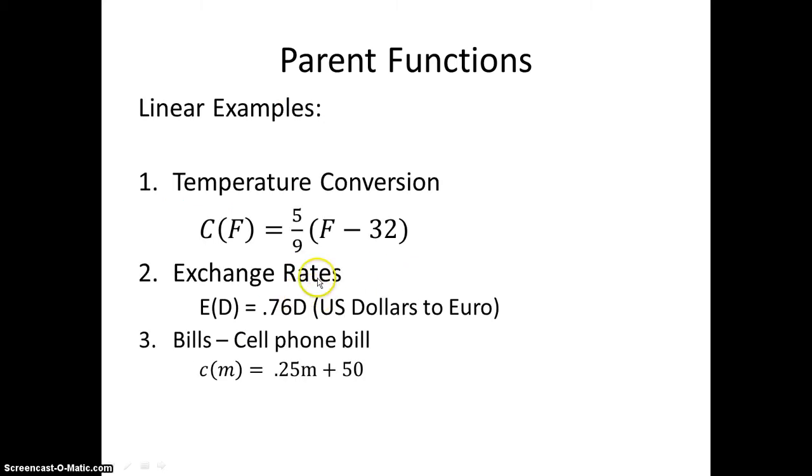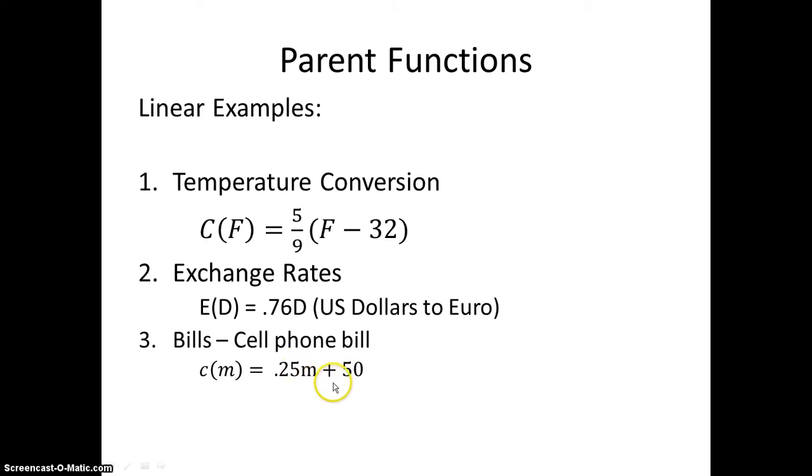Now let's look at some examples of linear functions. Temperature conversion, going from Fahrenheit to centigrade. Exchange rates, such as the current exchange rate for dollars to euros. Or a cell phone bill, for example C of M equals 0.25 M plus 50.